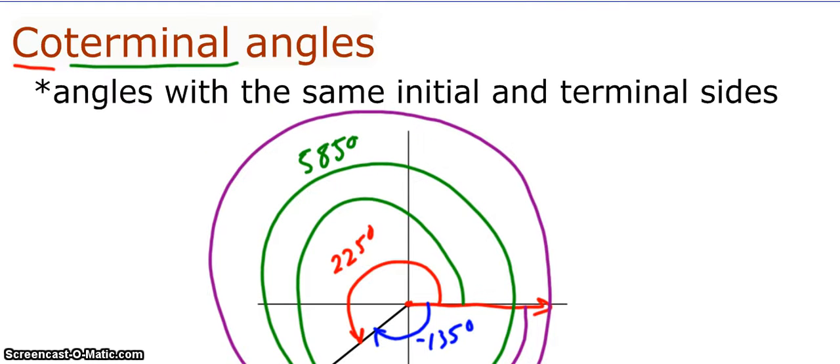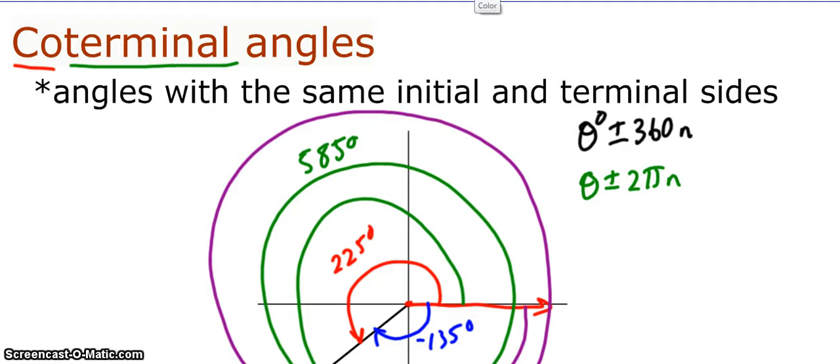So how do we find coterminal angles? Great question. If I have an angle in degrees, then I'm going to add or subtract 360, or a multiple of 360. If I have an angle in radians, then I'm going to add or subtract 2 pi, or a multiple of 2 pi.